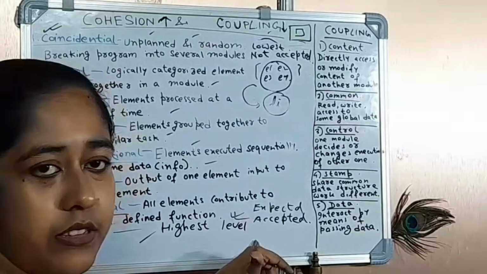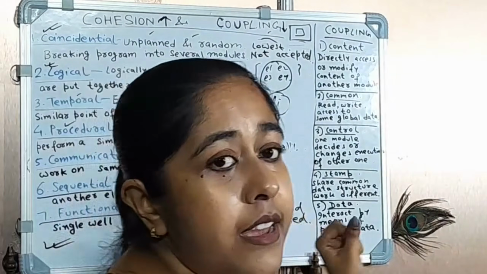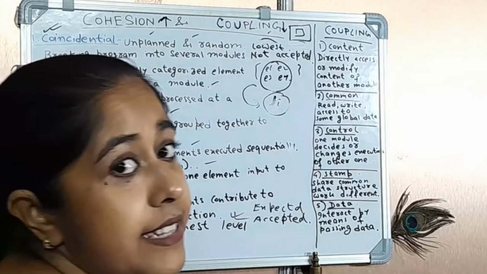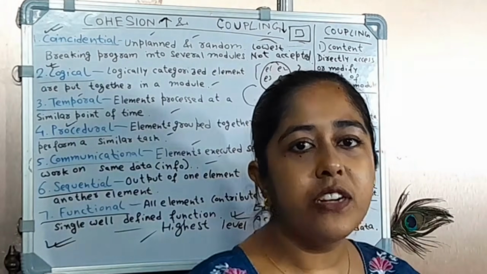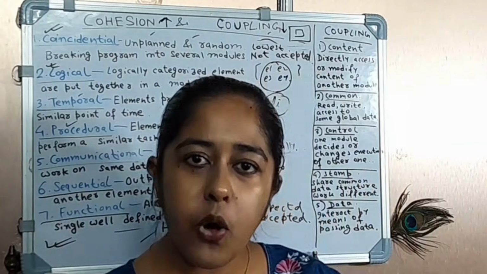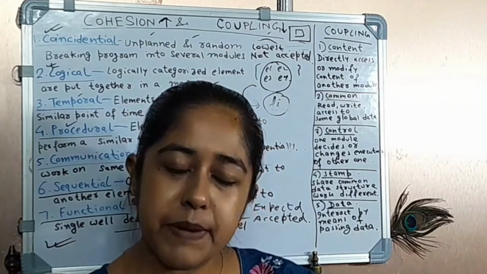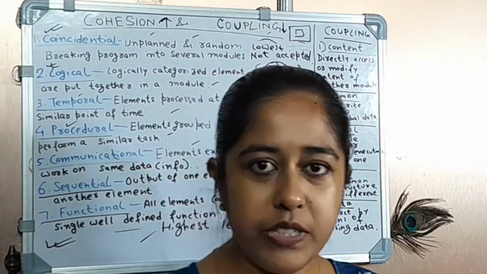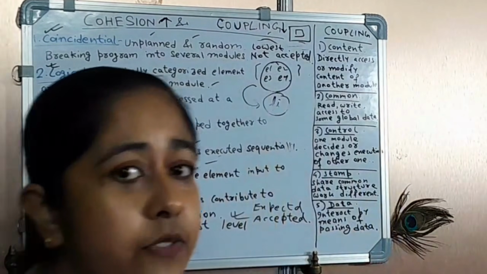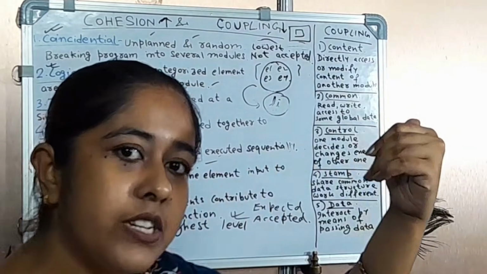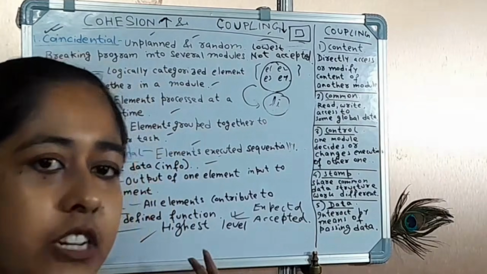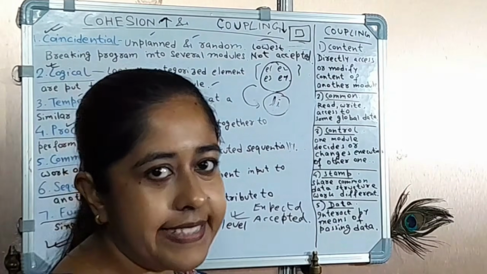This is the highest level, the seventh one. This was unplanned, and going through this we reach the highest level, a planned and structured cohesion. Here all the elements are dependent on each other and highly attached to each other. As we have already said, the higher the cohesion, the better your program. So functional cohesion is the highly accepted one.